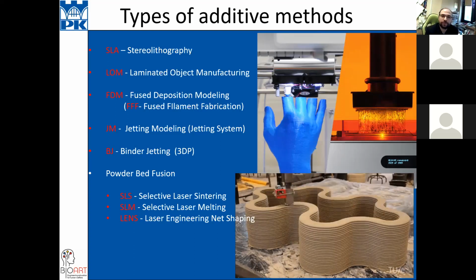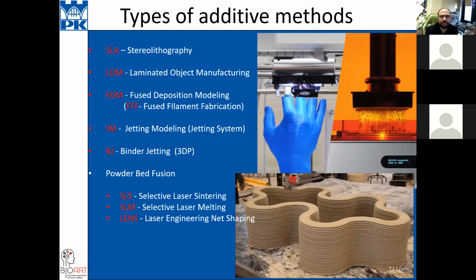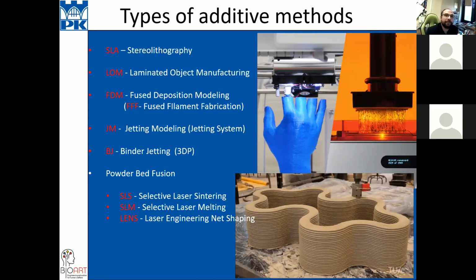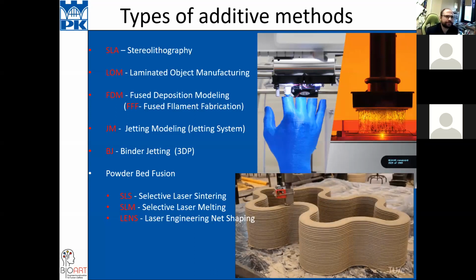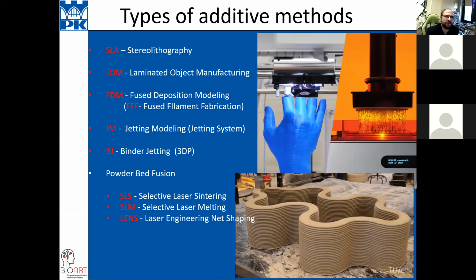Of course, we also have fused deposition modeling, and I think this is the most popular technique. A different name for it is fused filament fabrication, but FDM is the most popular name. It was patented by the Stratasys company, but I will talk about this later.